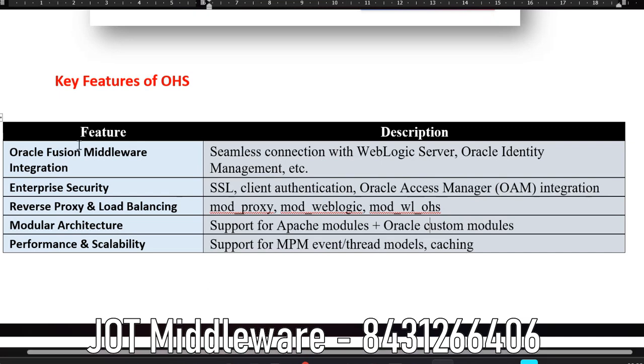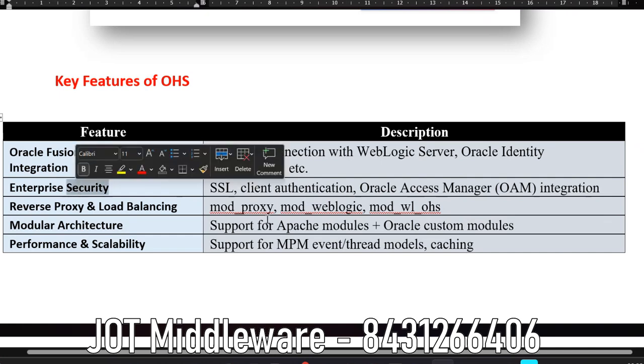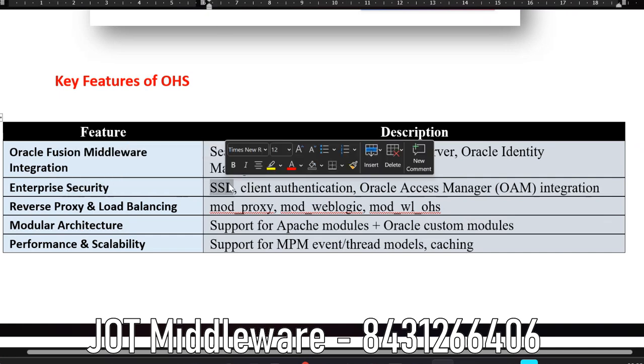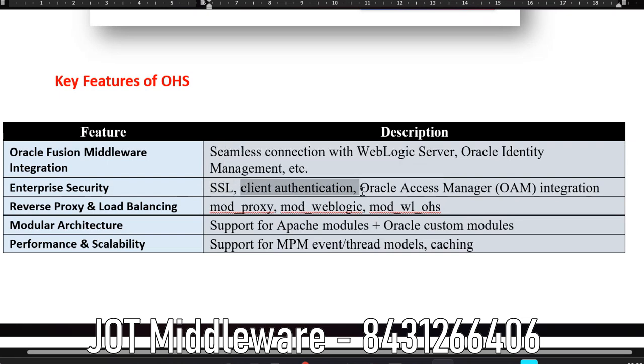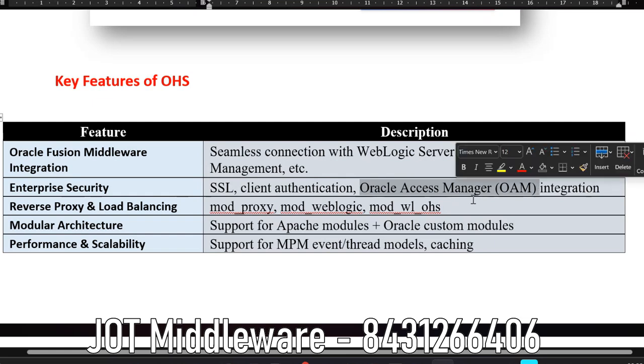And it provides enterprise security, like your enterprise application requires SSL, client authentication, and also SSO, single sign-on. Single sign-on can be provided with the help of another Oracle tool called Oracle Access Manager.